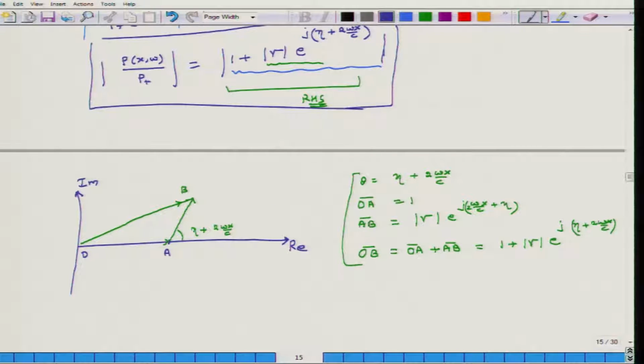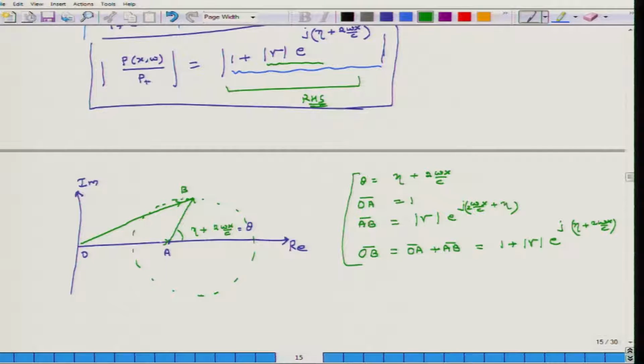Now, eta is a constant, omega if I am exciting it at a specific frequency is not changing, but as I move in the tube x changes. So, as x changes, this angle theta changes, and theta changes in such a way that it moves along this circle.